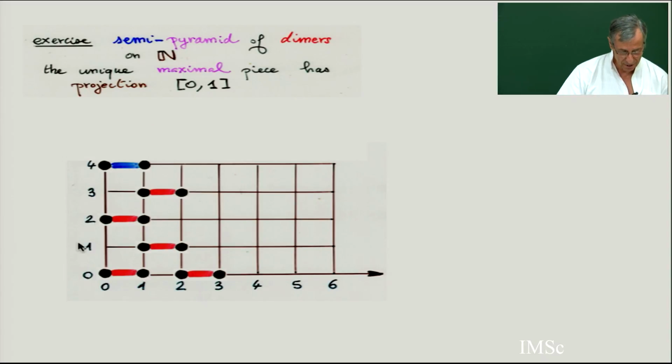Semi-pyramid means you are on the positive integers, or 0, and the unique maximal piece has projection 0, 1. So the shape is like a semi-pyramid. You cut a pyramid in two, and the top of the pyramid is touching the vertical axis. We call this, especially in Bordeaux, in relation with directed animals and physics, a semi-pyramid. The unique maximal piece has as projection the dimer 0, 1.